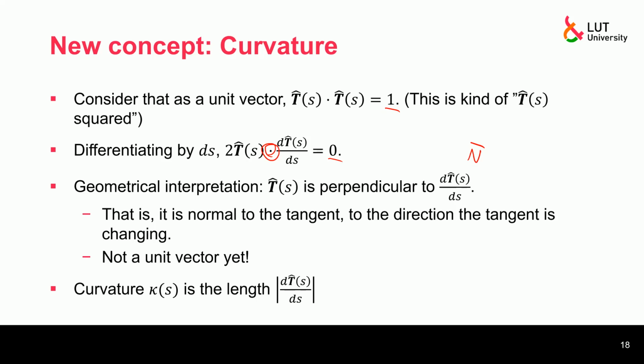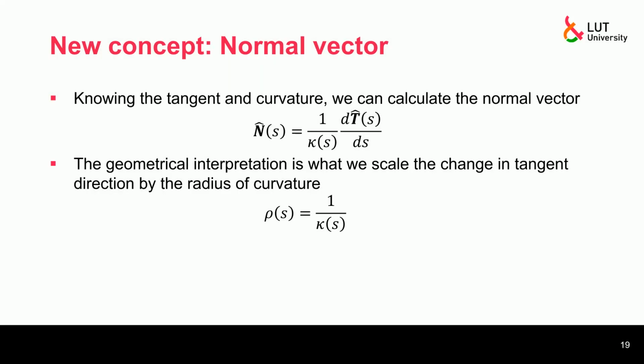And how long this is is what we call the curvature, which we mark with the Greek letter kappa. And now to get a unit vector, if we divide this normal vector by the curvature, we get the unit normal. And this 1 over curvature also has a geometrical interpretation.